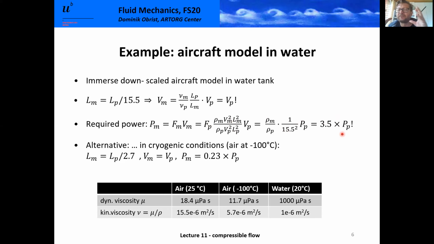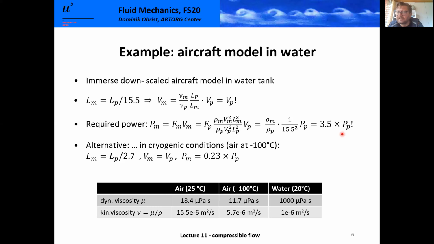We need 3.5 times more power to run the experiment. So even though the aircraft model is now 15.5 times smaller, it's now in water, so to drive the water at the same velocity, we need 3.5 times more power. And this might actually be a problem to run an experiment at that size.